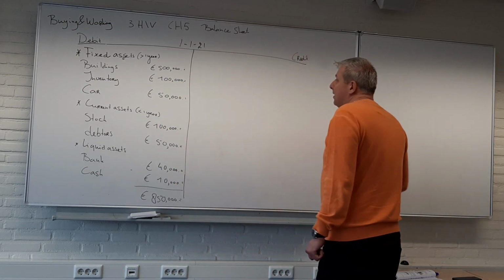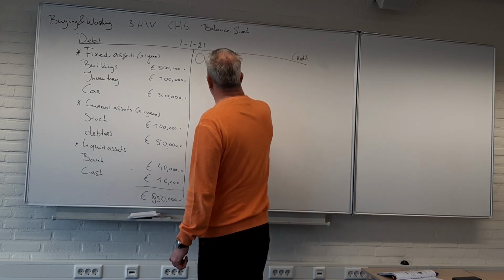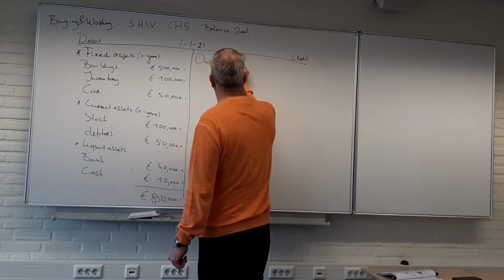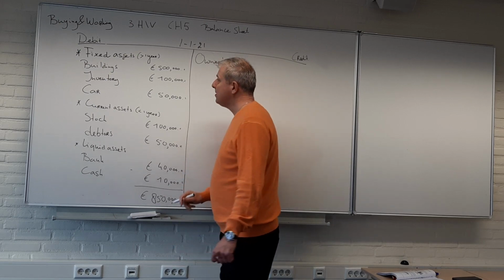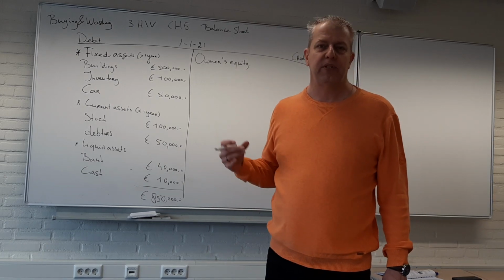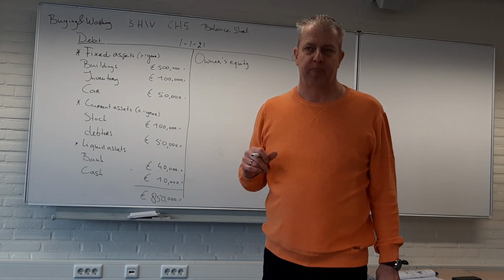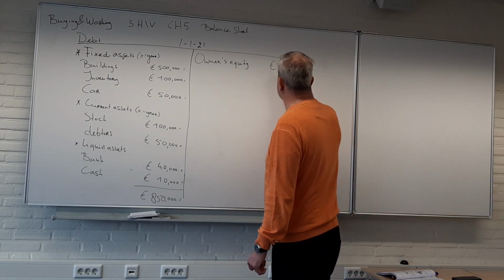Okay, so first we have the so-called owner's equity. And the owner's equity is the money that the owner of this company put into his company. Yes, so the owner of this company put money into this company.